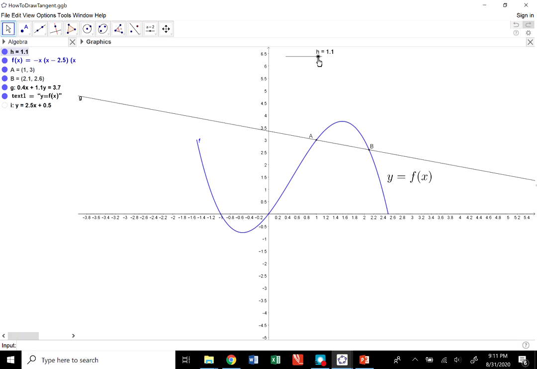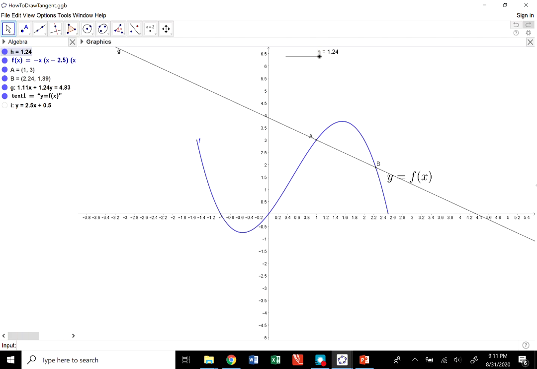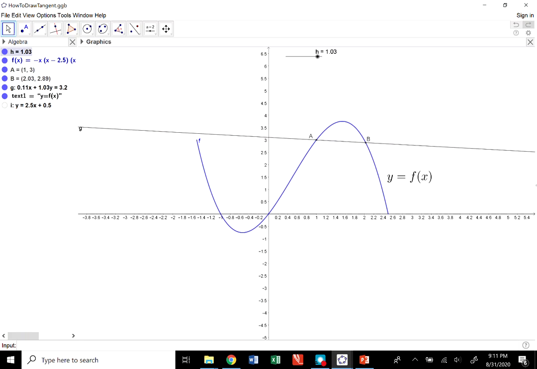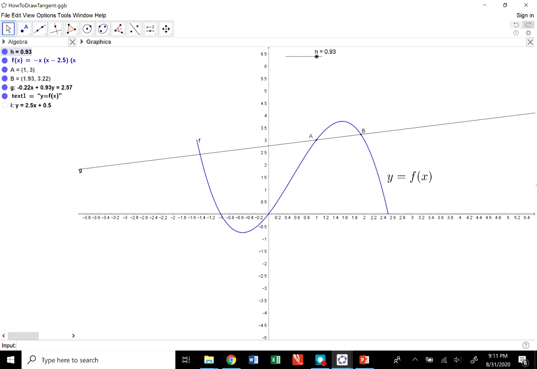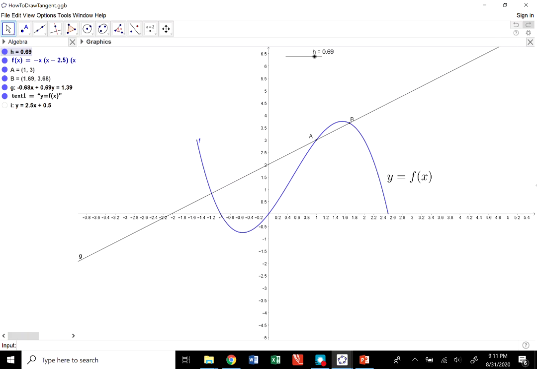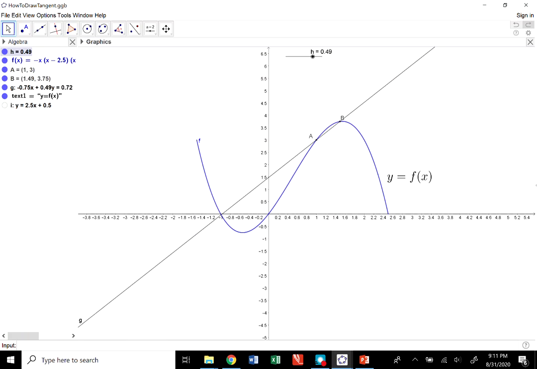But as you can see, I can move that point. Earlier I took the point B to be way over there, but I can allow that point to move. Now as I keep bringing that point closer and closer, the slope of this secant line is changing. As I bring B closer and closer to A, never making it equal to A though, all these secant lines are approaching a particular line.